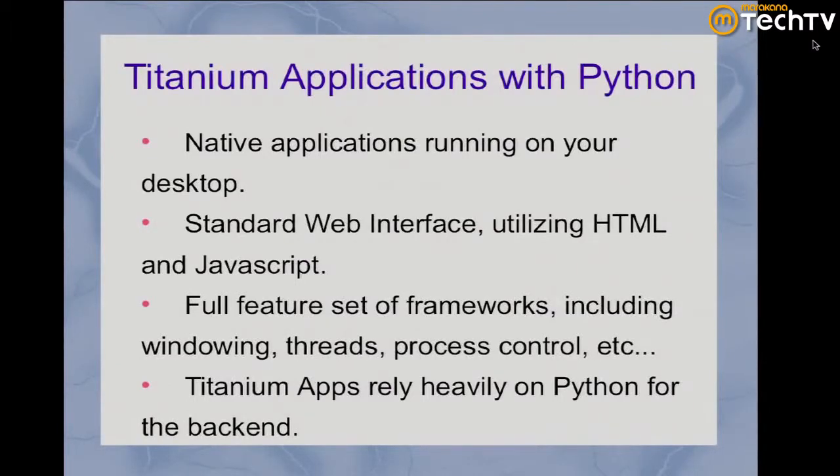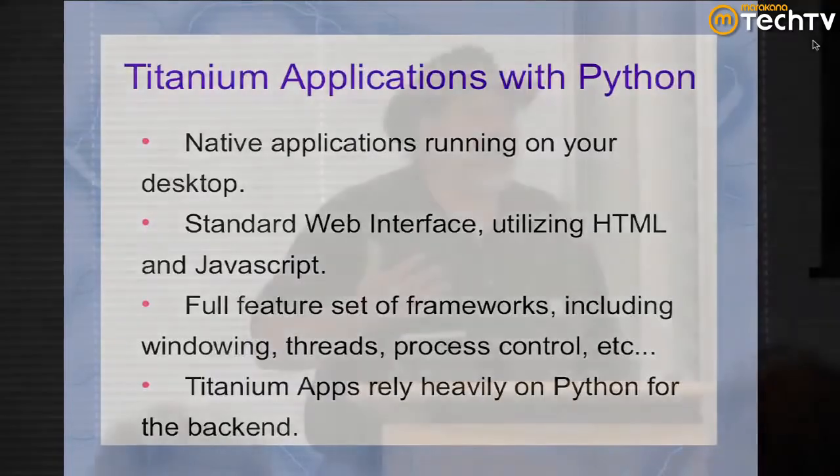And as Python programmers, you can write native applications in JavaScript that will run on the mobile devices. Mobile devices, of course, being a big thing now. And as I put here, we rely heavily on Python on the back end for manipulating and creating the applications. For Python developers, it's pretty cool.